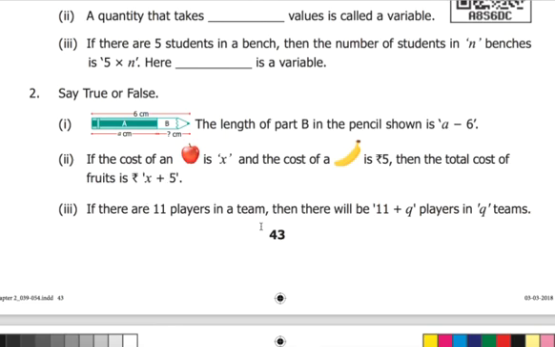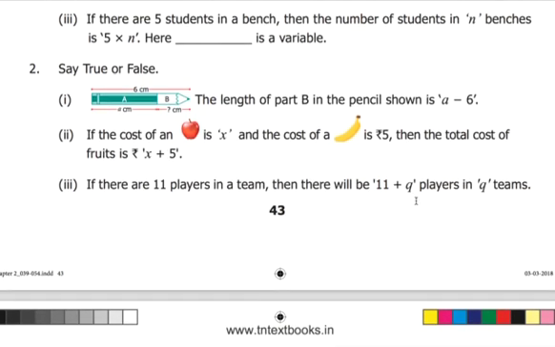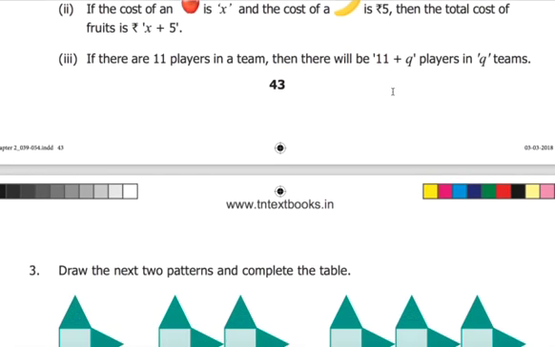If there are 11 players in a team, then there will be 11 plus q players in q teams. That is not plus, it is 11 into q. Okay, plus is a typing mistake.